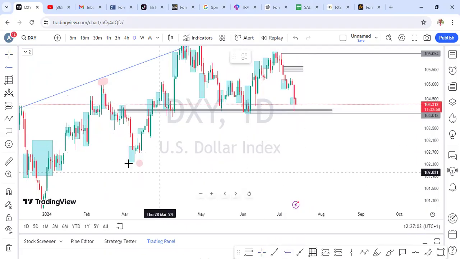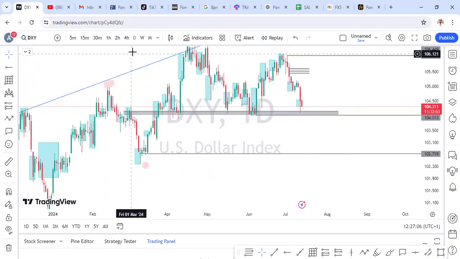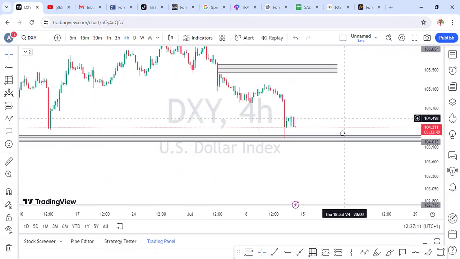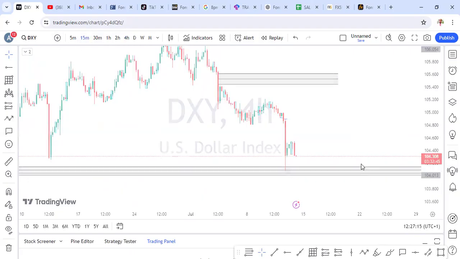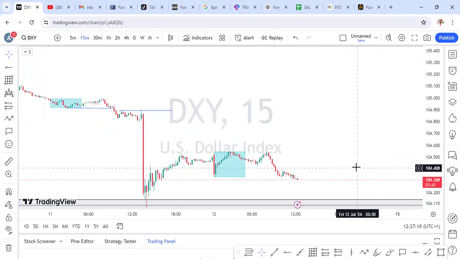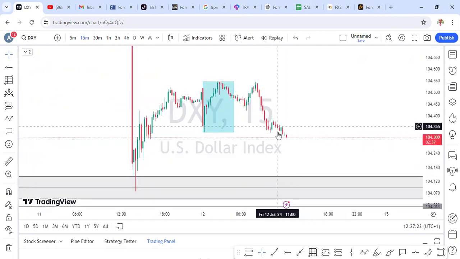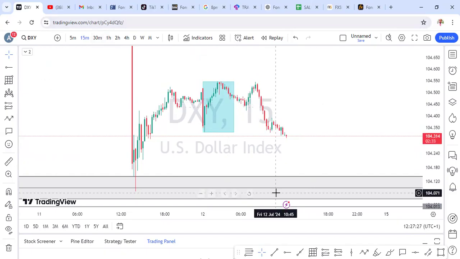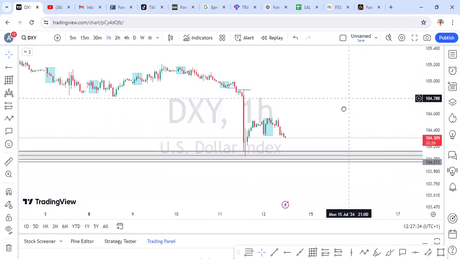Before, I said the next target is this place. But as long as this place is holding, we are not totally bearish on the dollar. So the reaction to the news will determine what happens today. Maybe the news pushes price down before bullish evidence on the dollar index, DXY, I mean.